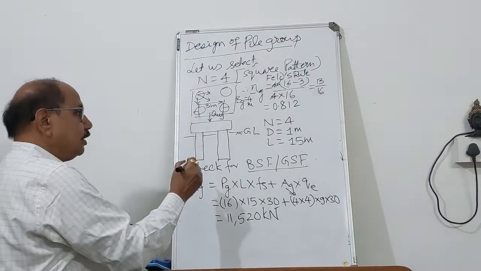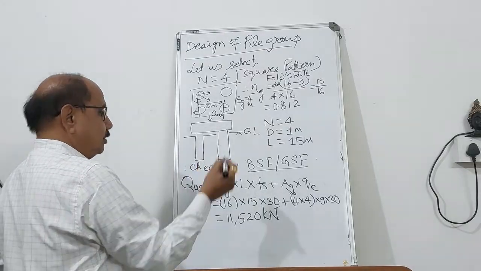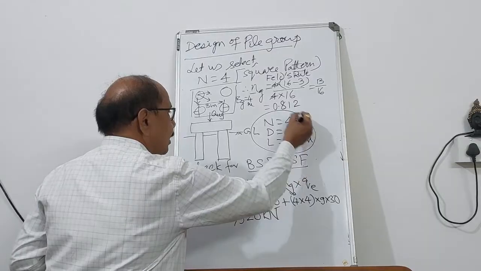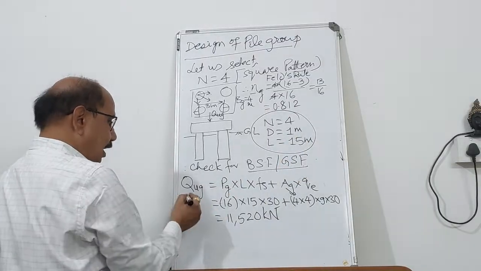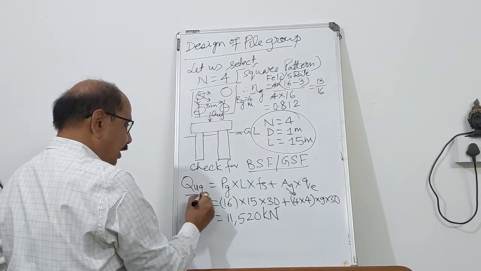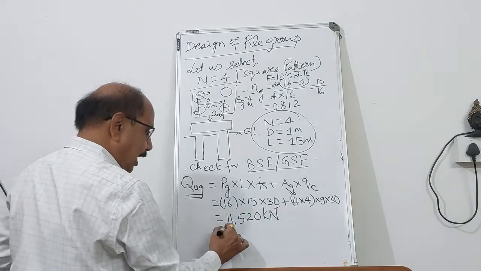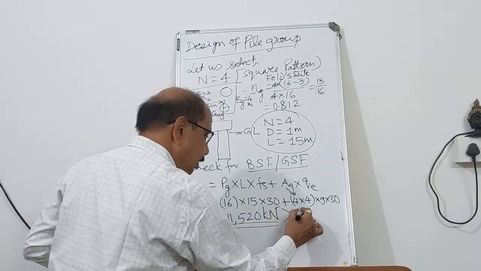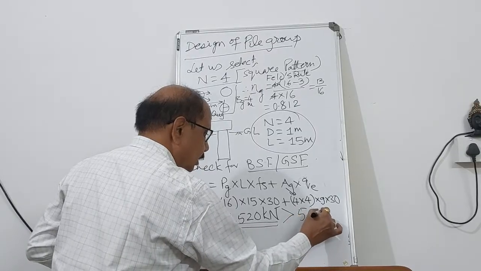So based on individual shear failure, all the requirements have been calculated, and now if I give the check for block shear failure, I am getting this greater than 5000 kilonewton.